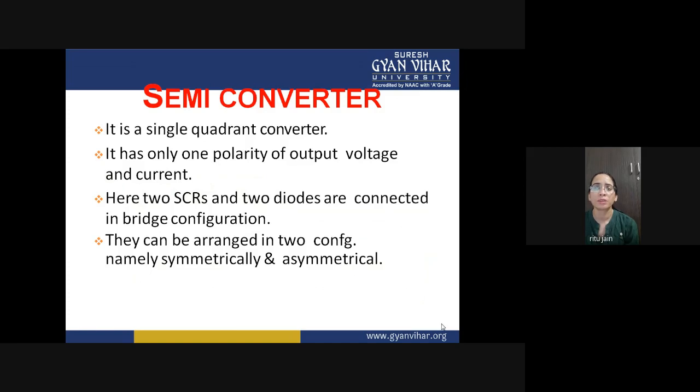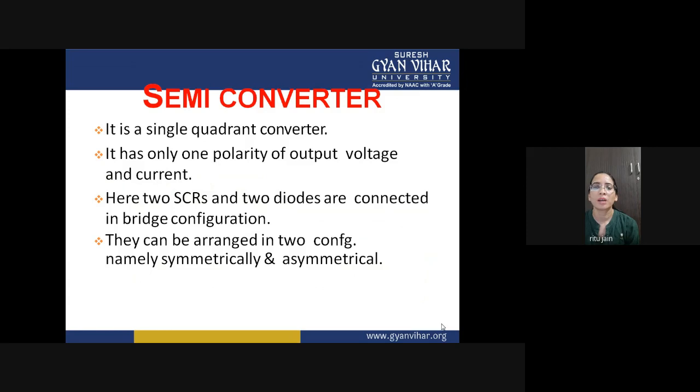That's why this is called a semiconverter: two SCRs means you are using two controlled semiconductor components, and two diodes are also semiconductor components, but they are uncontrolled semiconductor devices. So in a semiconverter we always use two SCRs and two diodes for its bridge configuration.